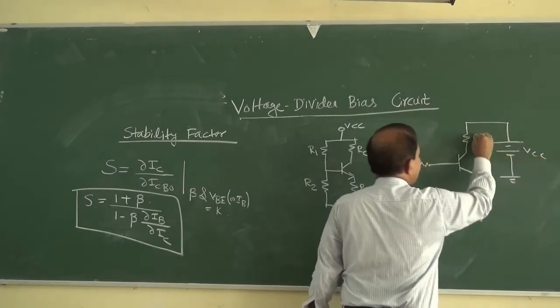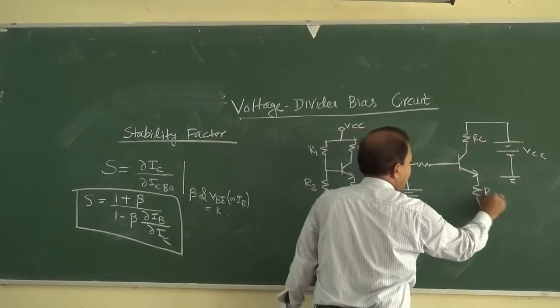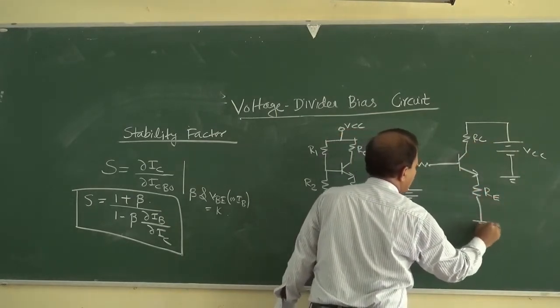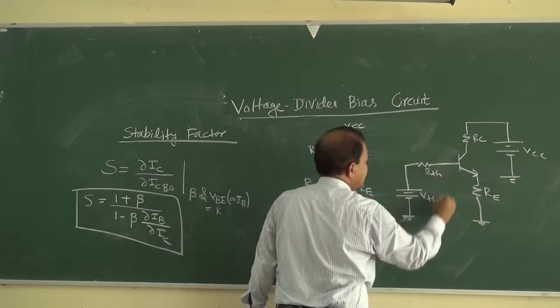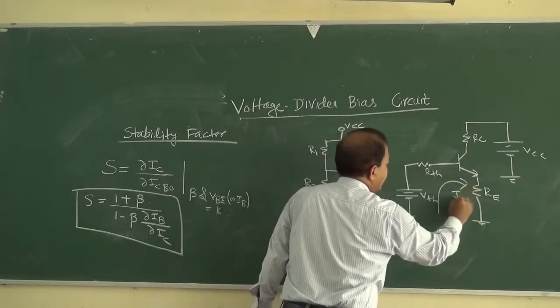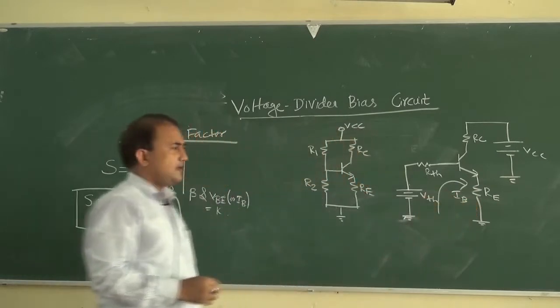This is VCC, this is RC, this is RE connected to ground, this is VTH and this is RTH, and this is the current IB.